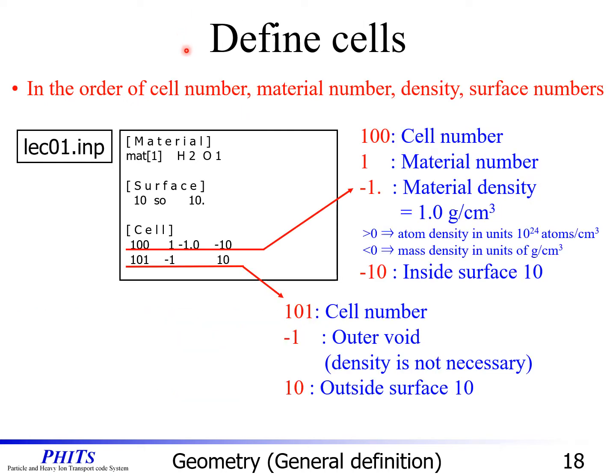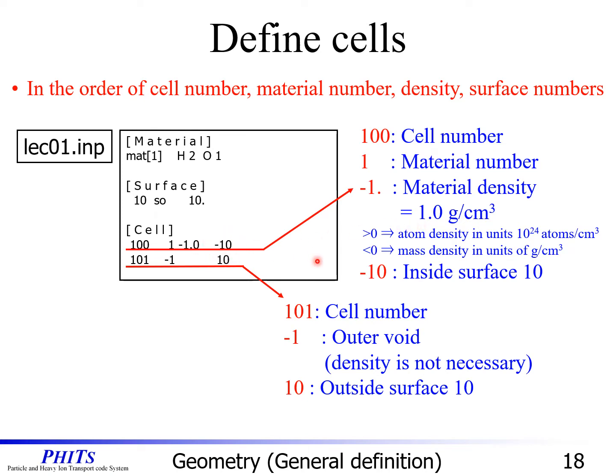The next slide shows how to define cells. The format of definition is cell number, material number, density, and surface numbers. For example, this line defines the cell with the number of 100, which is filled by water with a density of 1.0 gram per cubic centimeter, and the region is inside surface 10.